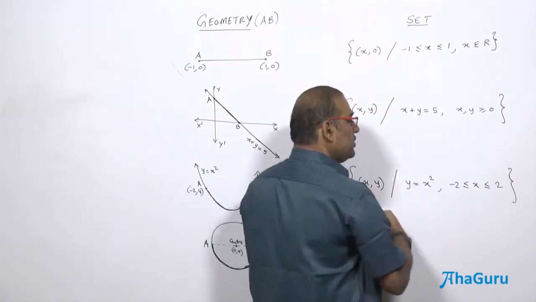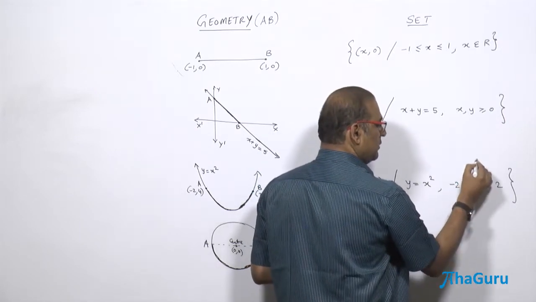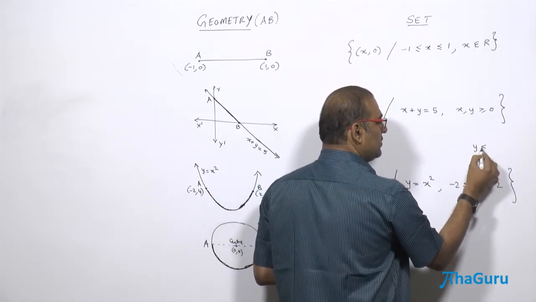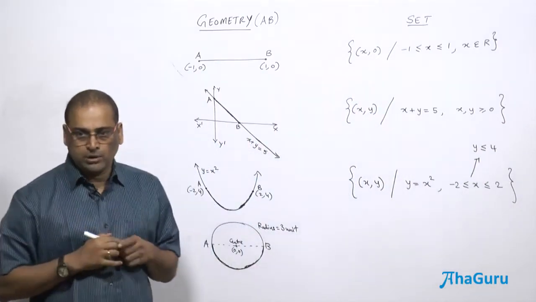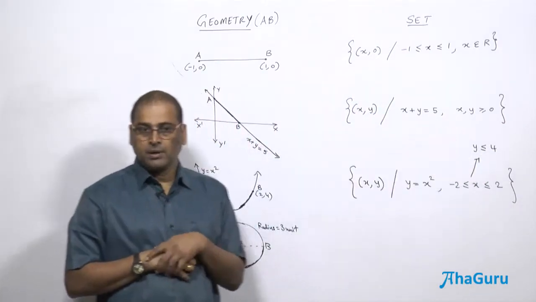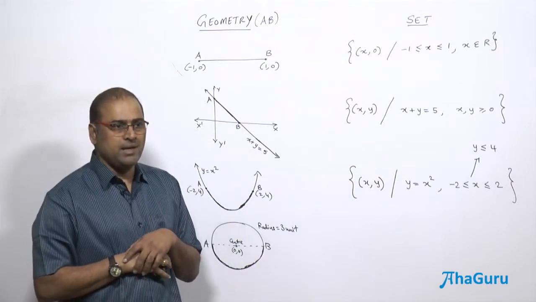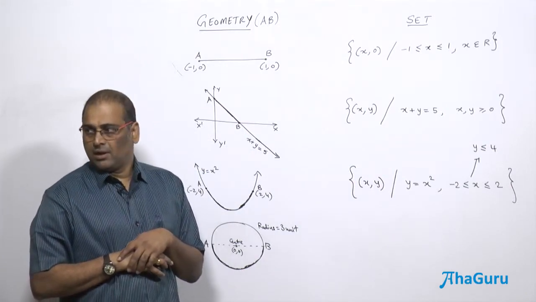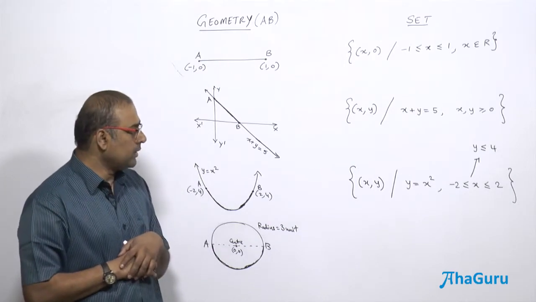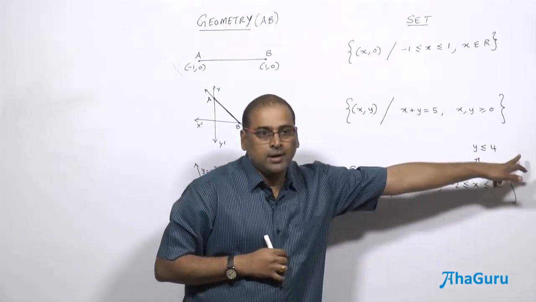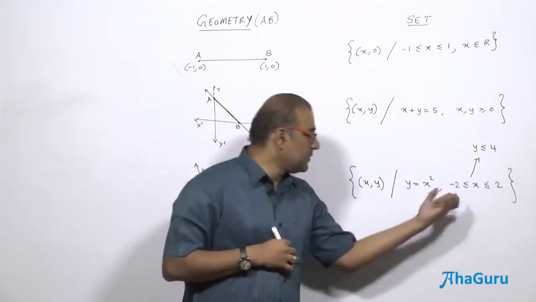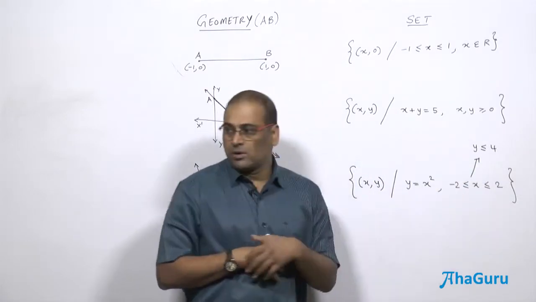Suppose instead of this, I replace with y ≤ 4, I need not do both. y can't be negative, obviously, because your x is a real value. But of course with y ≤ 4, we may have to write x a real number. In this case, when you write x is real, y is also going to be real.